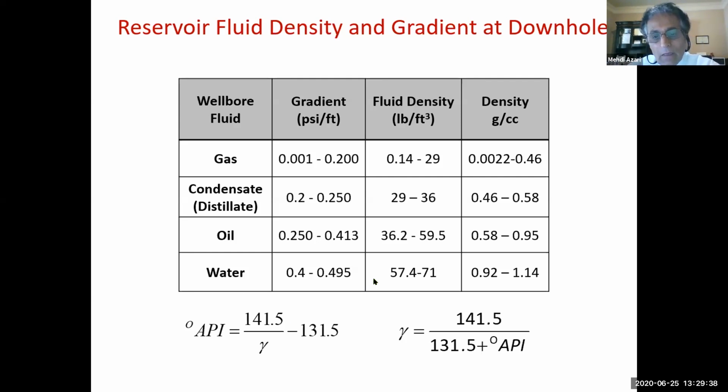Fresh water has a density of 62.4, but inside the reservoir, inside the wellbore, temperature is higher, so it could be a little bit lighter, 57.4, and it could have a lot of salt dissolved in it, so it could go up to 71 pounds per cubic foot. So that's a range in the gradient, that's a range in density, and this is the range in density in gram per cc. But again, fresh water is going to be 1. So fresh water is going to be 0.433 here, 62.4 here, and 1 here. And these are again the equations for API and specific gravity calculation.